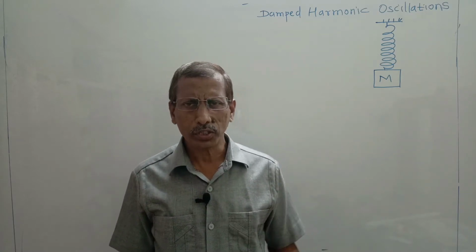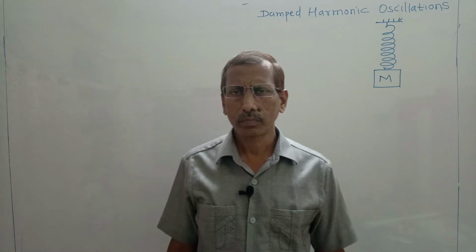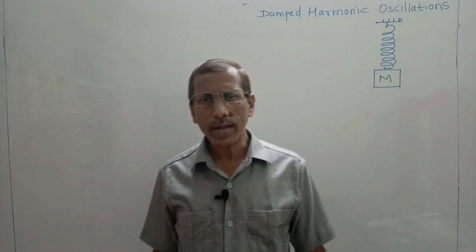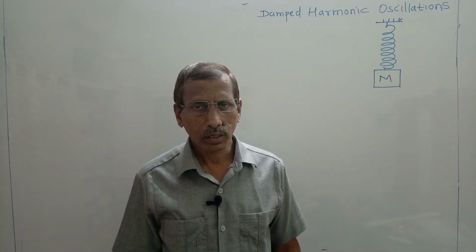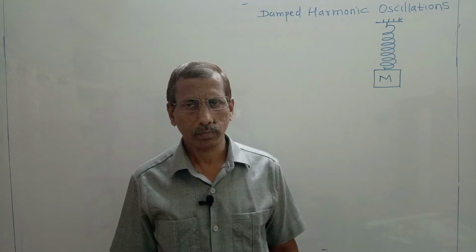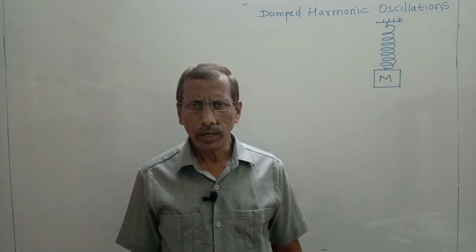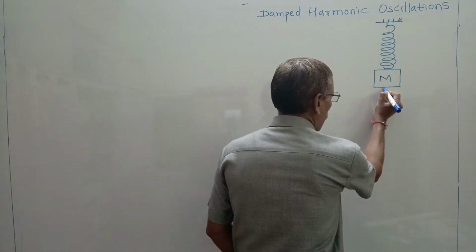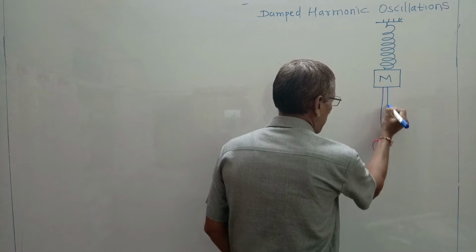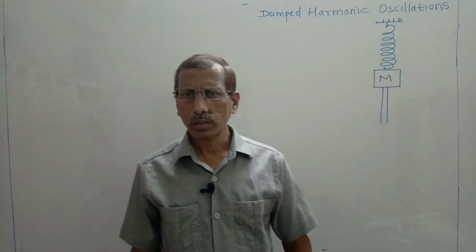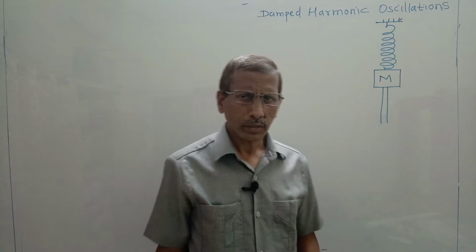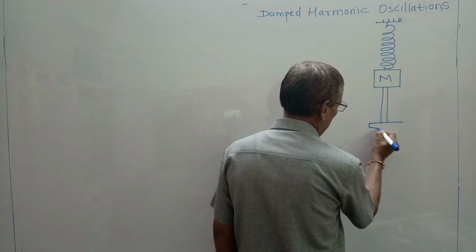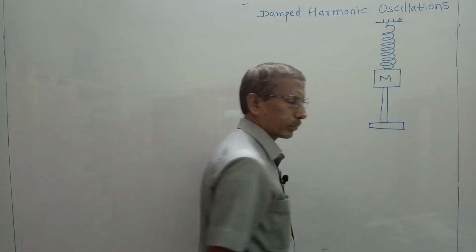Now, in order to understand this very clearly using the spring mass oscillator, we make an additional arrangement to the spring mass oscillator. Suppose a rod extends from the block. One end of the rod is connected to the block and the other end of the rod is connected to a vane.